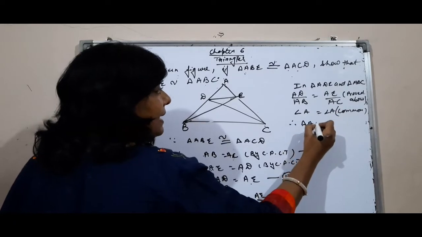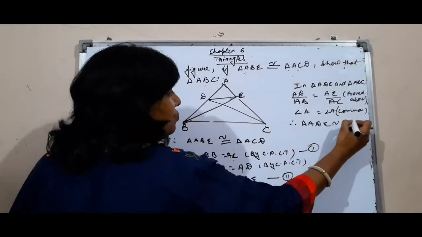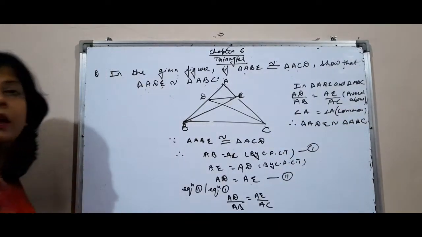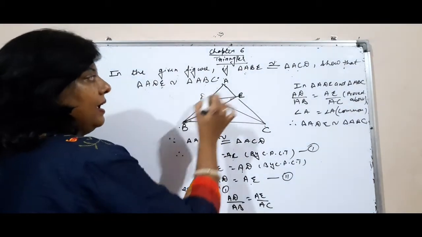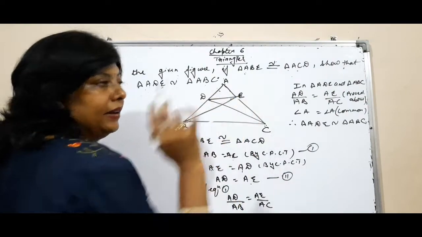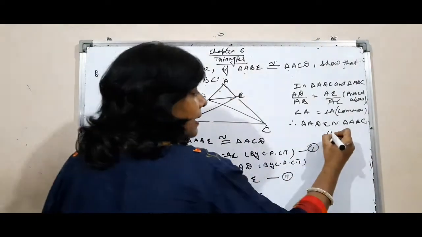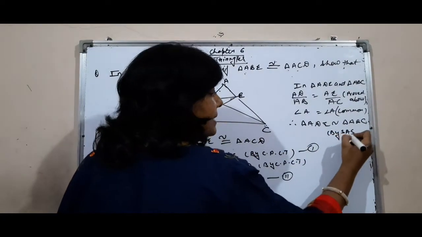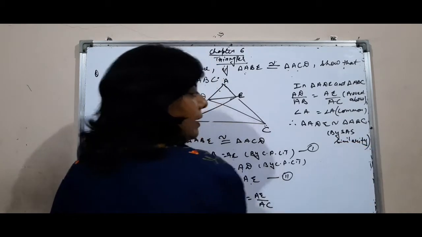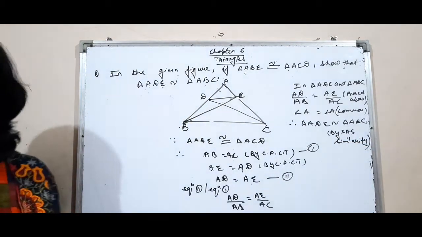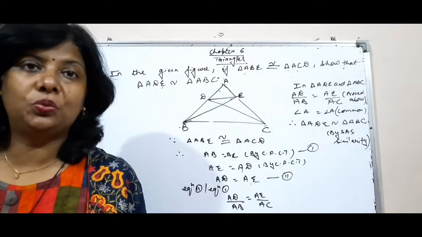Therefore, triangle ADE is similar to triangle ABC by SAS similarity, side, angle, side. Clear, students? I hope all of you got this question also.